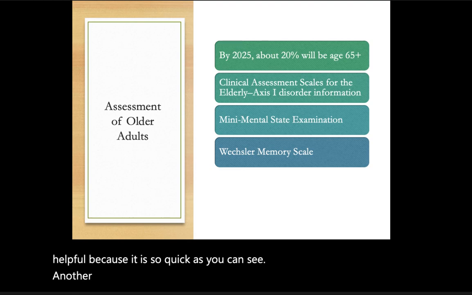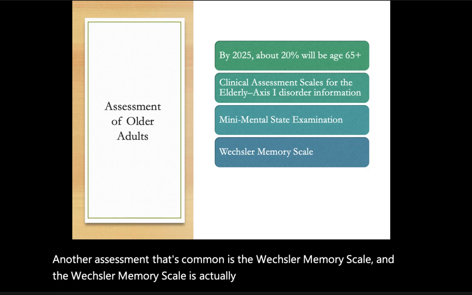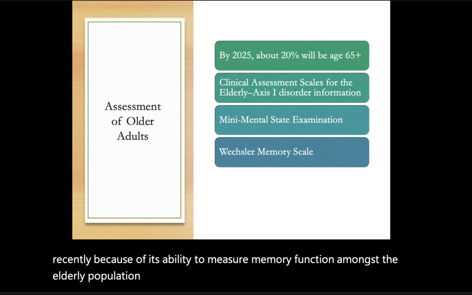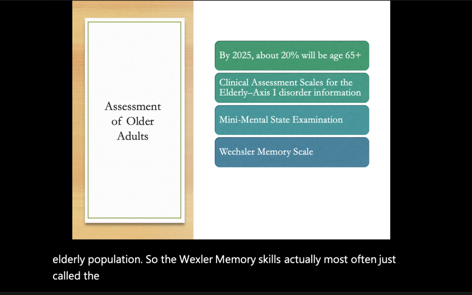Another assessment that's common is the Wechsler Memory Scale. The Wechsler Memory Scale has gained a lot of increasing use recently because of its ability to measure memory function amongst the elderly population. It is most often just called the WMS because that's much easier to say.